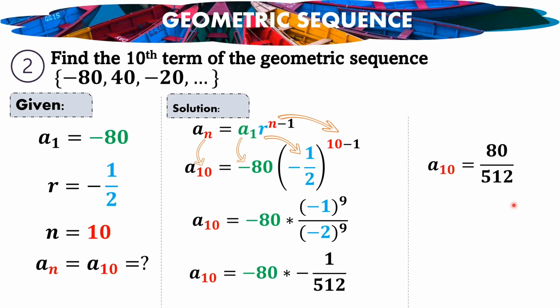If the resulting term can be converted into lowest term, you have to give your final answer in lowest term. Okay, so therefore a sub 10 is 5 over 32.